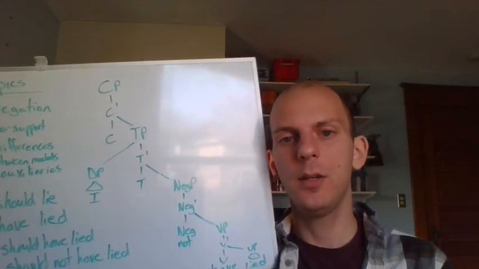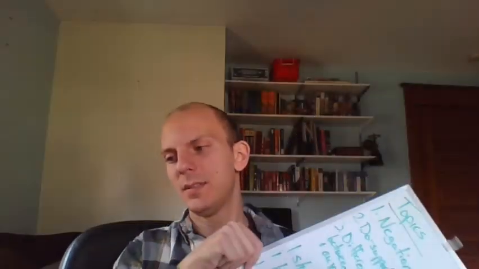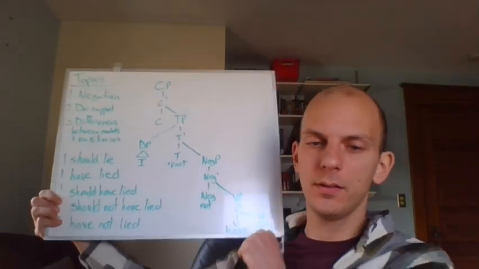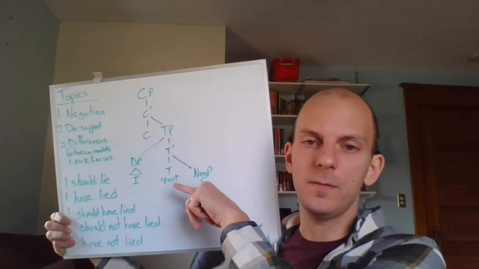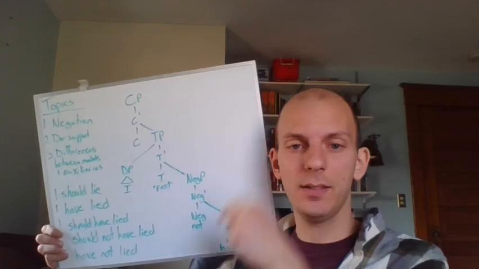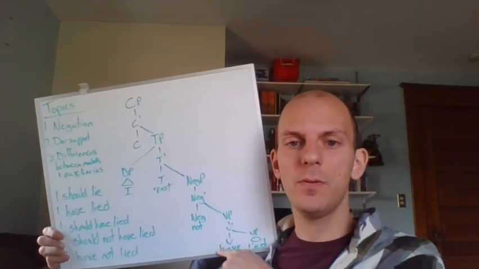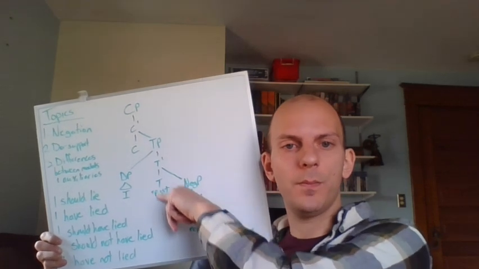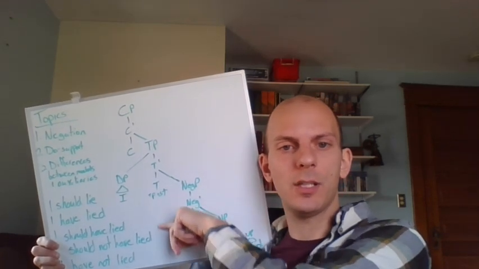Past in this case. We want something in there to have the tense attached to, right? And here, we're going to move have up. Have is going to move up.